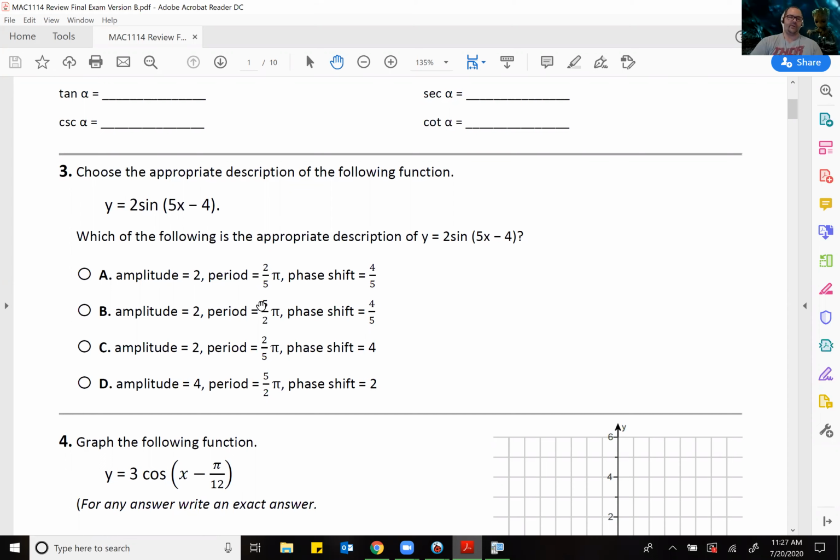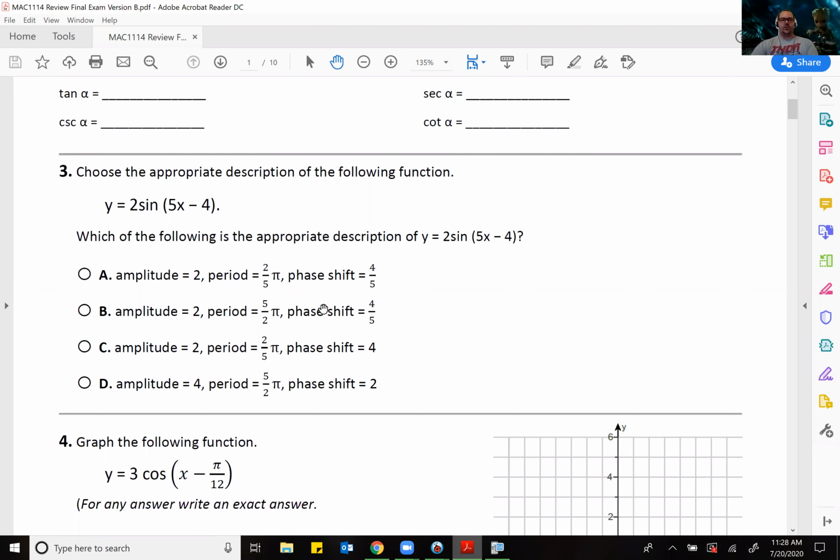They say it's 5 pi over 2. And that is incorrect. Okay? This one, phase shift is wrong. And again, period and phase shift and amplitude are all wrong. So this guy is definitely A. All right? Okay. So moving on.